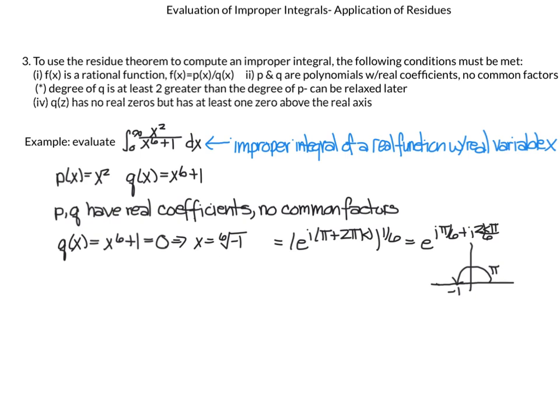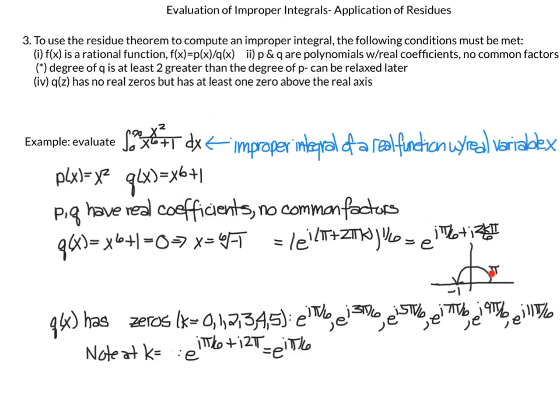So negative 1 is equal to e to the i pi. But you have to remember that we can keep looping around 2 pi. We can add 2 pi to that a number of times and get another root. So our 6th root is e to the i pi plus 2 pi k, which means our 6th root is equal to e to the i pi over 6 plus i 2k pi over 6.